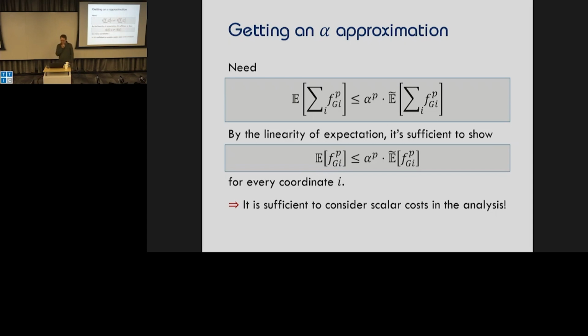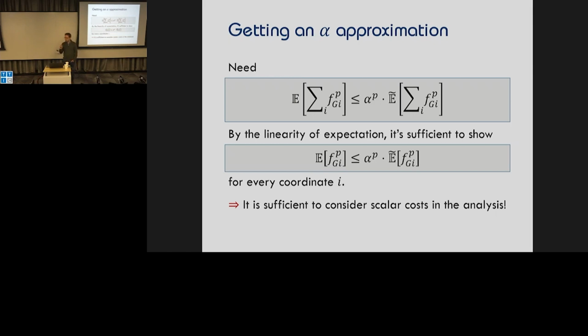Now, suppose that we want to get an alpha approximation. Then we need to prove that the expectation of f_G^i to the power of p is at most alpha to the power of p times the pseudo expectation of the same polynomial. By the linearity of expectation, it is sufficient to prove that this inequality holds separately for each coordinate i.